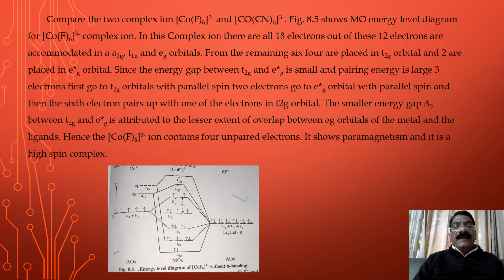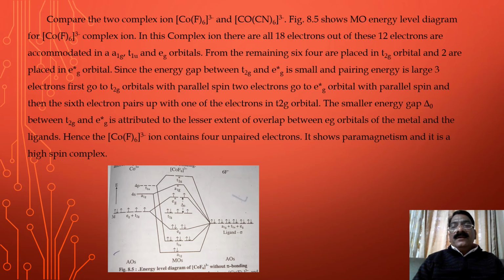Since the energy gap between t2g and eg* is small and pairing energy is large, 3 electrons are first accommodated in t2g orbitals with parallel spin, 2 electrons go to the eg* orbitals with parallel spin, and then the 6th electron pairs up with one of the t2g electrons in a t2g orbital.